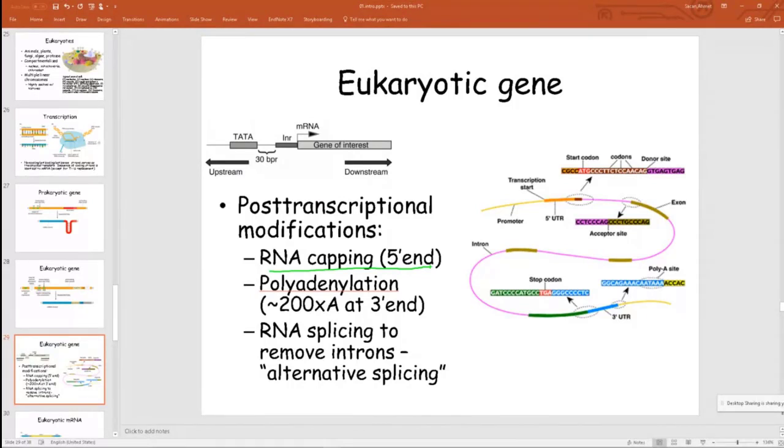It's not one of the 4 letters that we have, it's something else. It provides stability to the RNA molecule so it doesn't get chopped up by the enzymes in the cell. It's sort of like a protection cap that we have on the RNA. The polyadenylation is done at the tail end of the RNA molecule.